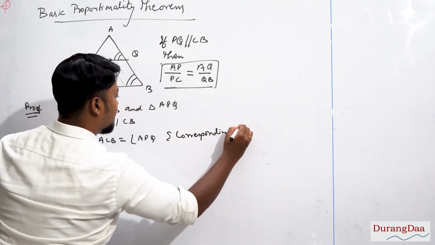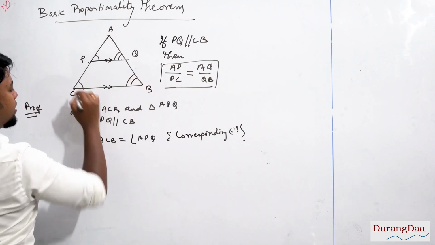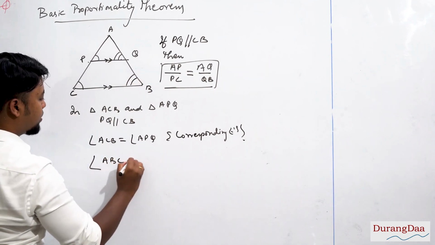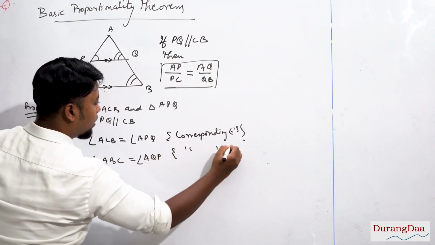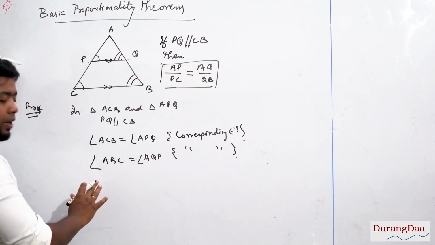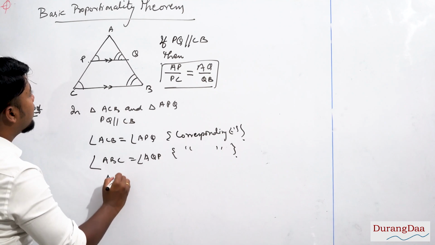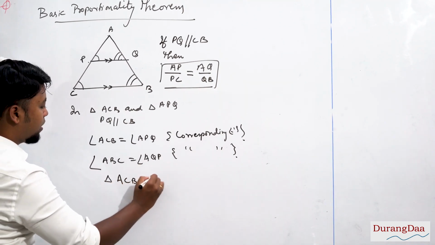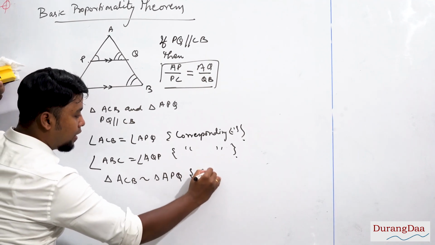Again, second one, angle ABC is equal to angle AQP, again corresponding angles. So we will use only these two results. Using these two we can write triangle ACB is similar to triangle APQ by the AA postulate.